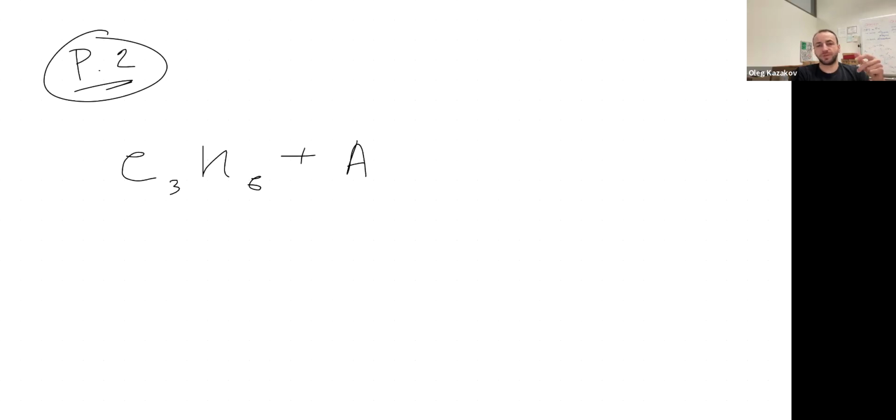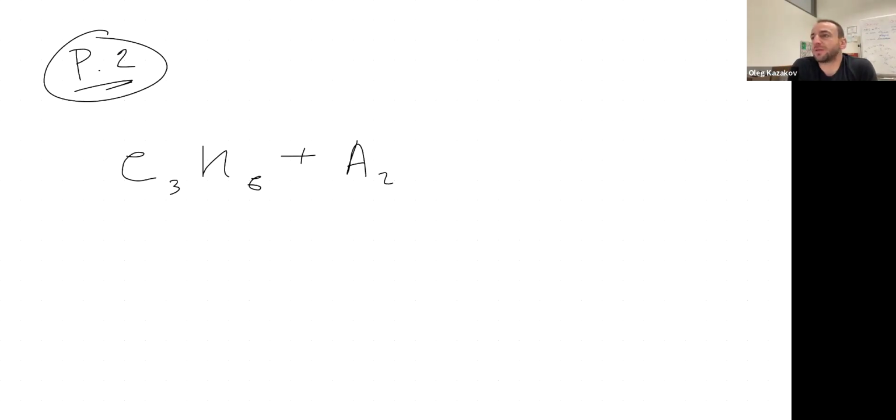It's going to be some sort of random chemical. A2 is just a designation so that we have a diatomic compound. Maybe it's going to be Br2, maybe it's going to be F2. A stands just for some kind of atom, and there are two of them in the molecule.